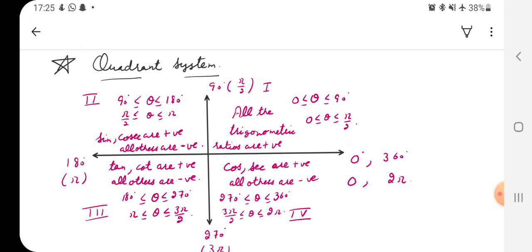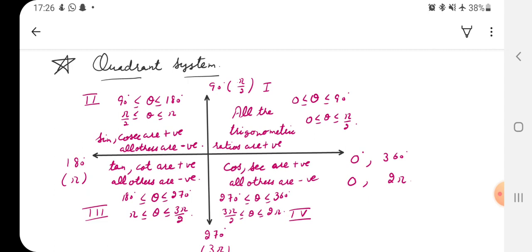First of all, in the first quadrant, the angle is between 0 to 90 degrees, which when I convert into radians will be from 0 to pi by 2. In the second quadrant, the angle will be between 90 to 180, which when I convert into radians will be pi by 2 to pi.